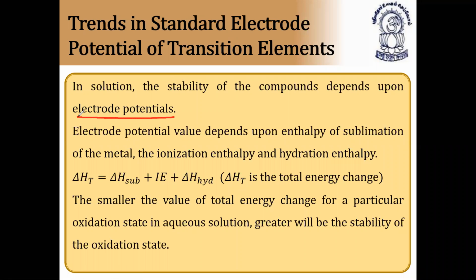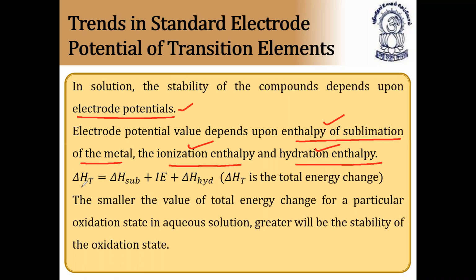The potential difference developed by any electrode in an electrochemical cell is called electrode potential. So the electrode potential value depends upon the enthalpy of sublimation of the metal, the ionization enthalpy and hydration enthalpy. So what are the factors on which electrode potential depends? Enthalpy of sublimation, number one. Number two, ionization enthalpy, and number three, hydration enthalpy.